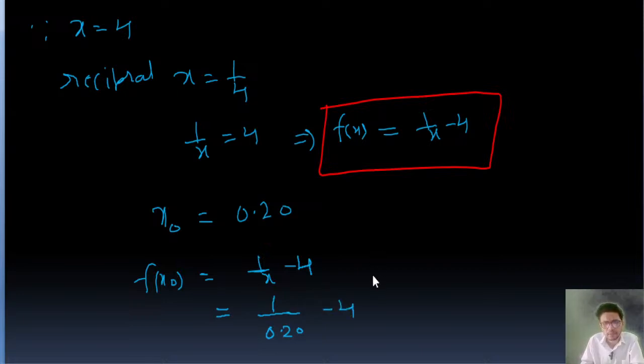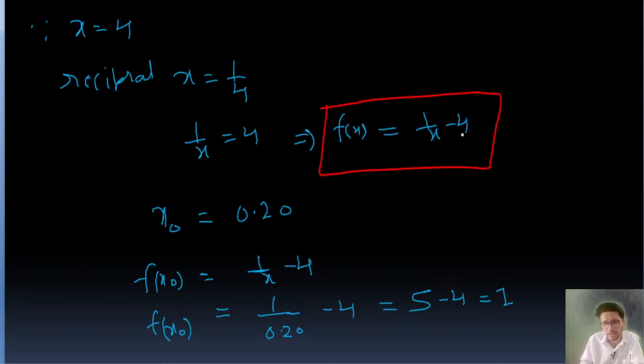Okay, no, this is not good. So f(x) equal to 1 upon x minus 4, yes, this is the correct one. If you solve this, this is going to be 5 minus 4, and this value is going to be 1. So this is the f(x0) value.